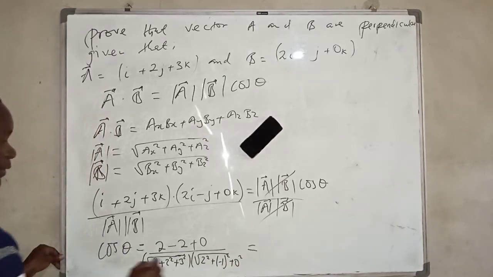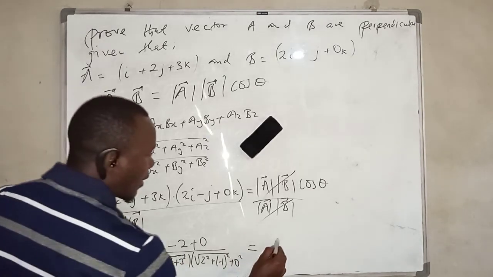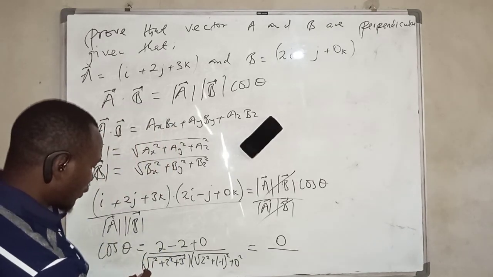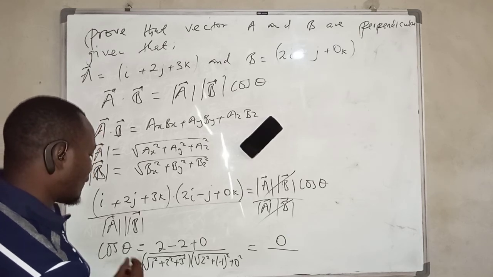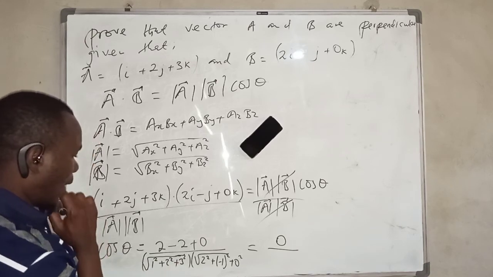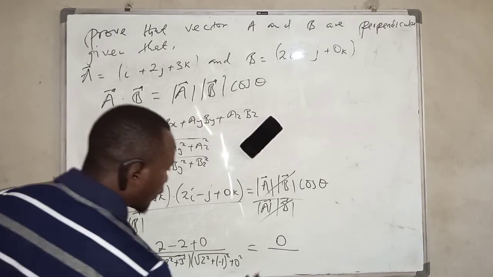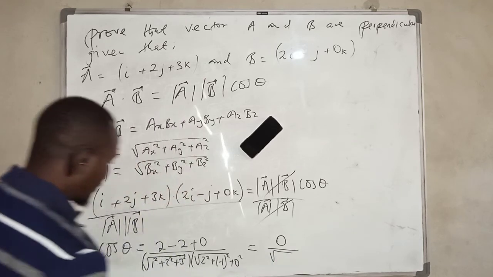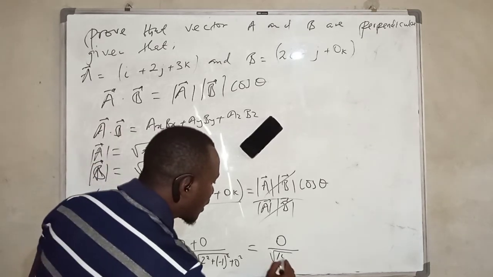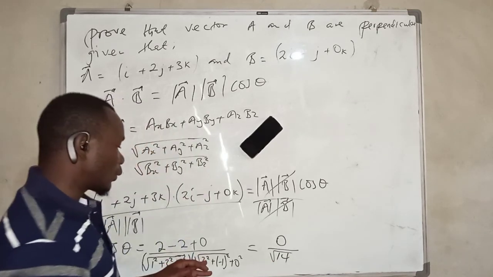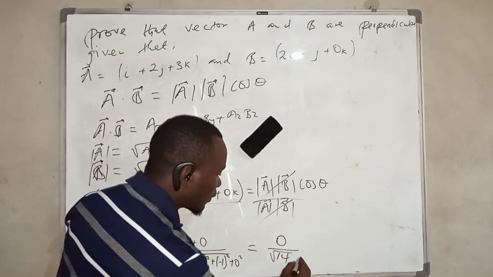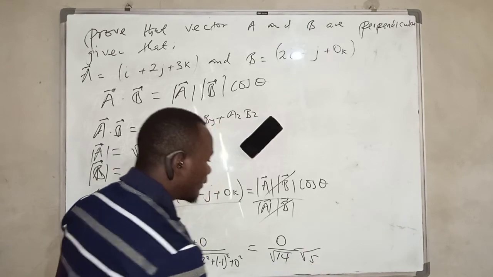So here on top, 2 minus 2 plus 0, we're going to have a 0. Over, 1 squared is 1, then 2 squared is 4 plus 3 squared is 9. So 9 plus 4 is 13, plus 1 is 14. So square root of 14. And for the other one, 2 squared is 4 plus 1 squared, which is 1. So we have square root of 5.